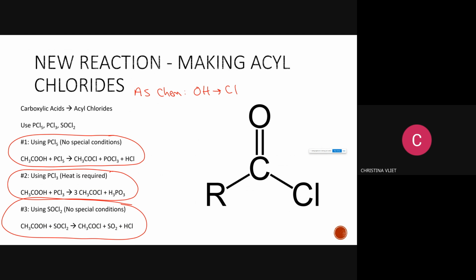So in A Level Chem, we're going to use these same reagents to go from COOH to COCl. The same swap is happening. This is how you get the OH group off and the Cl on. And so you should write all 3 of these down, where these are your reactants, these are your products.